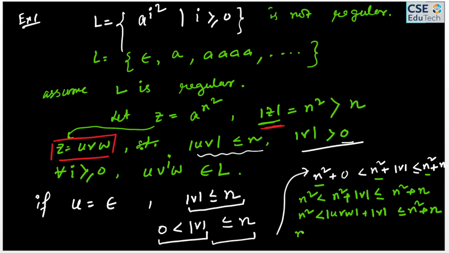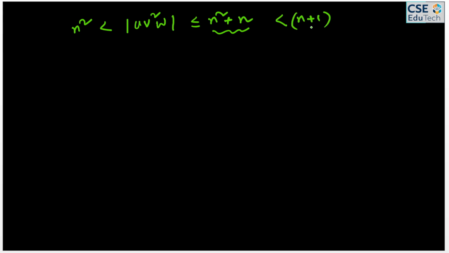Now n square is less than the length of u v^2 w, which is less than or equal to n square plus n, and this quantity is less than (n+1) square.